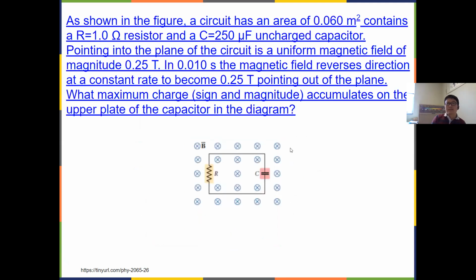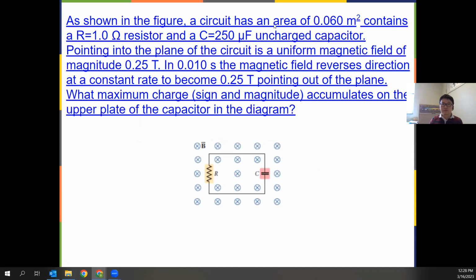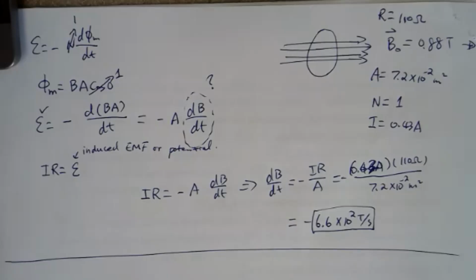All right, example here. This one says, as shown in this figure, a circuit has an area of 0.060 meter squared, and contains a resistor R equal to 1.0 ohm and a charged capacitor C equal to 250 microfarad.